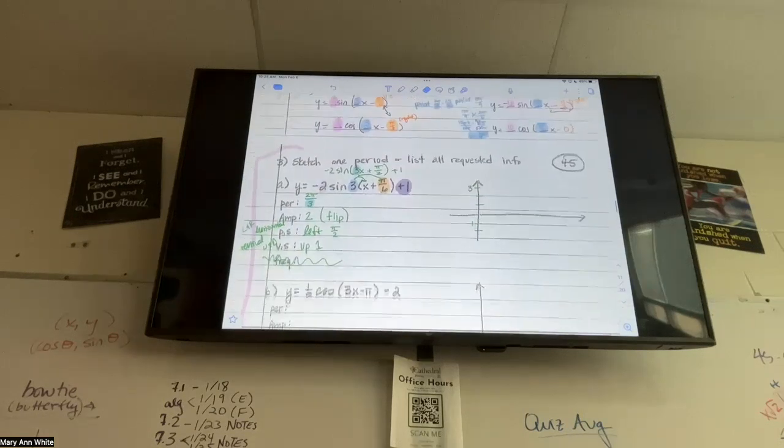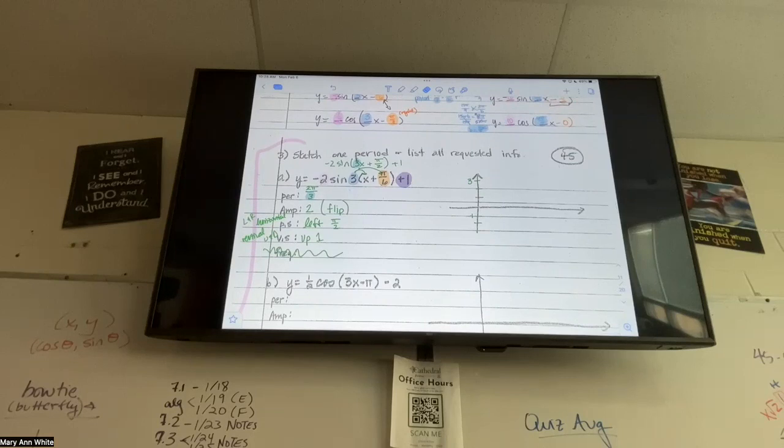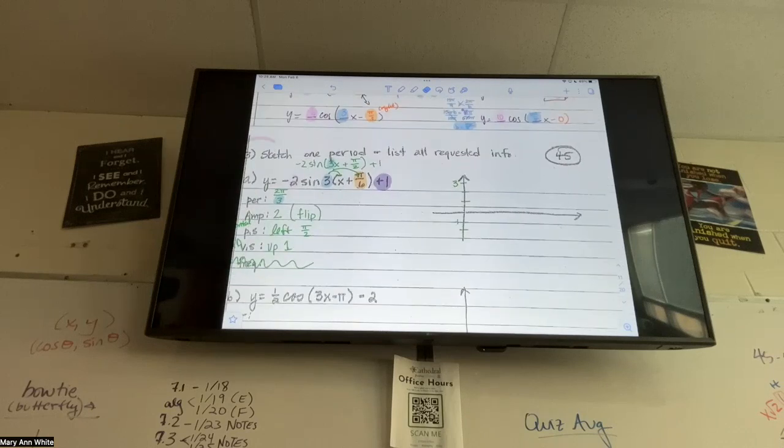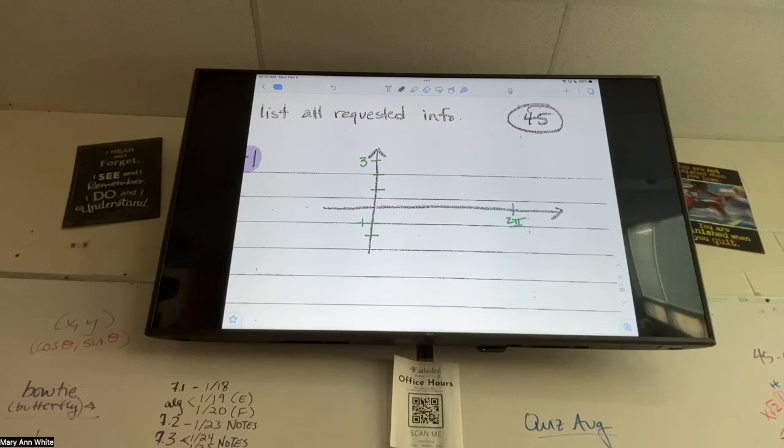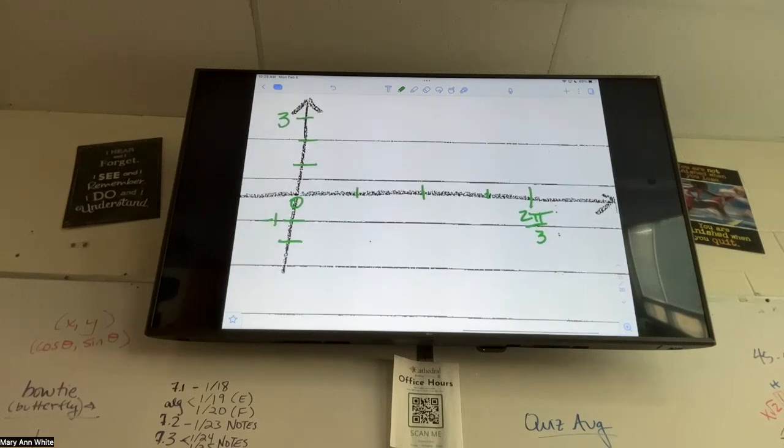Now, we can think about our period and our period shifts. So our period is generally 2 pi over 3. Let's label our graph like we normally would. I'll put 2 pi over 3 right about here. And then we'll move everything to the left, pi over 2 in a second. I do want to find all my normal points though. To get my period of 2 pi over 3, we took our normal point of 2 pi and divided it by 3.